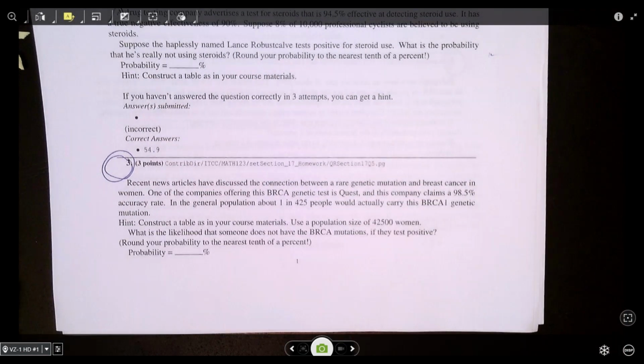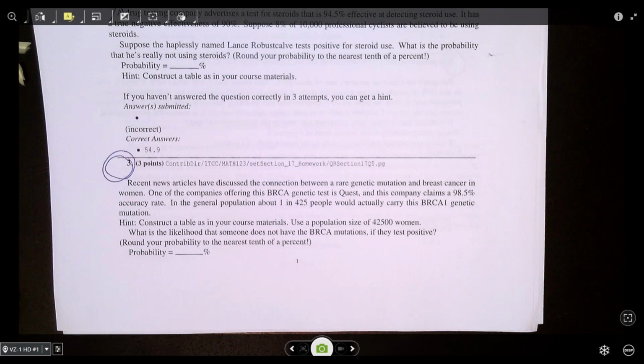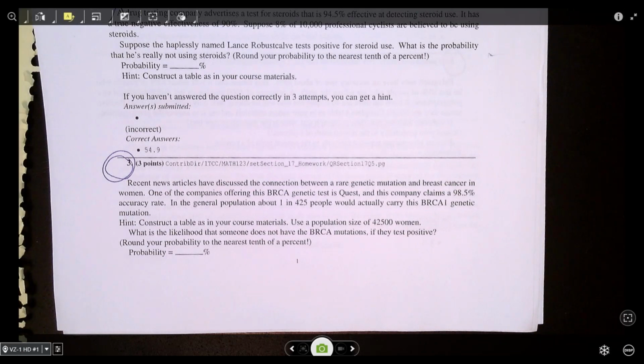Okay? So you have to learn to make a table. You really can't do this without a table and be very successful. Somewhere I have my tables here. There they are.